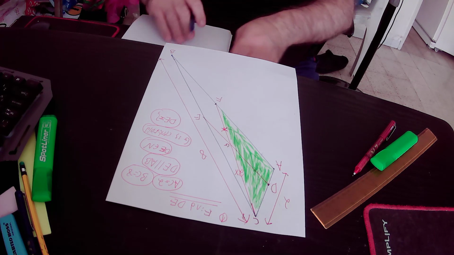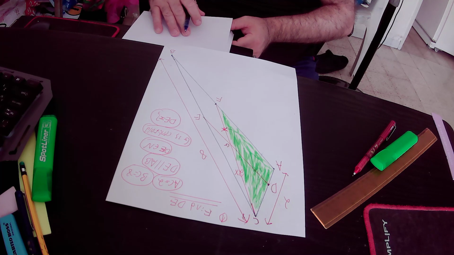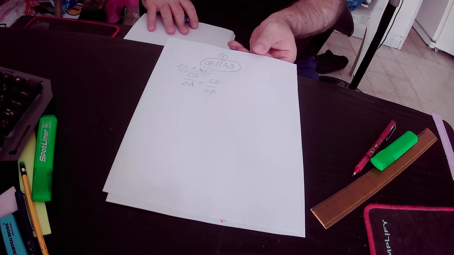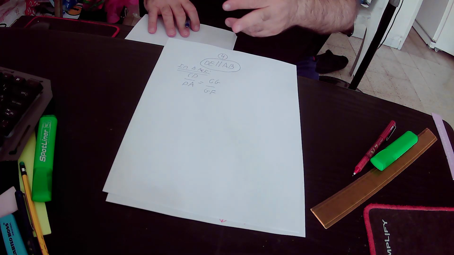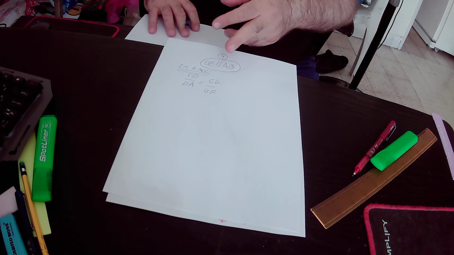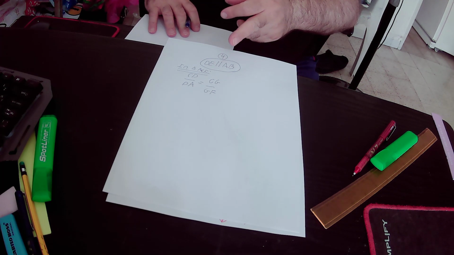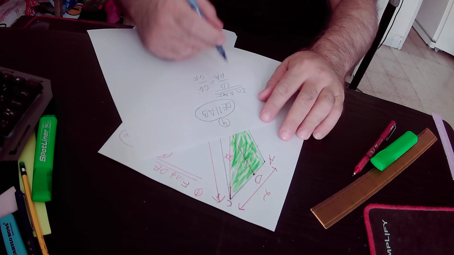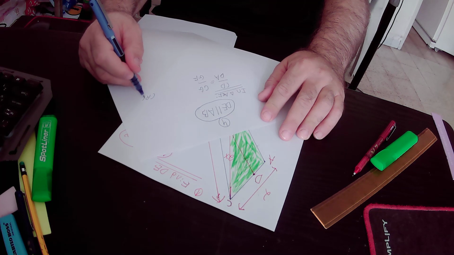Again, in the green triangle ACF, we know that DE is parallel to AB, therefore, according to rule number 2, CD over DA will be equal to CG over GF.